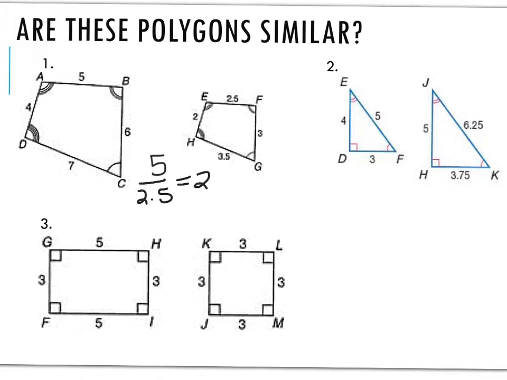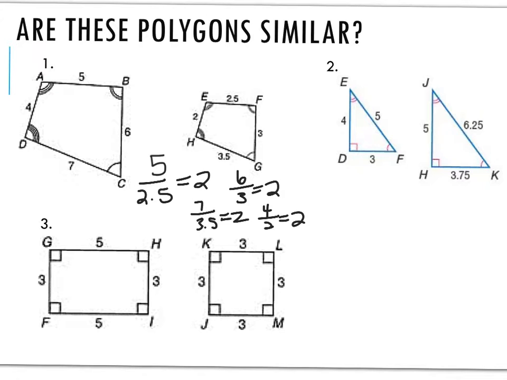Now I would want to double check all of my other corresponding sides as well. So side BC is 6. That corresponds with side FG, which is 3. That's also 2. Side DC is 7, and side HG is 3.5. That is also 2. And then finally AD is 4, and side EH is 2.